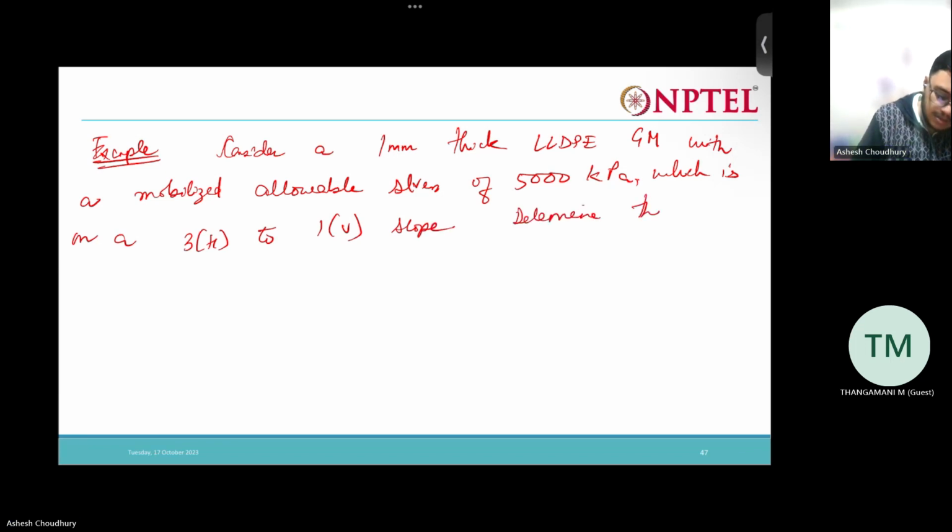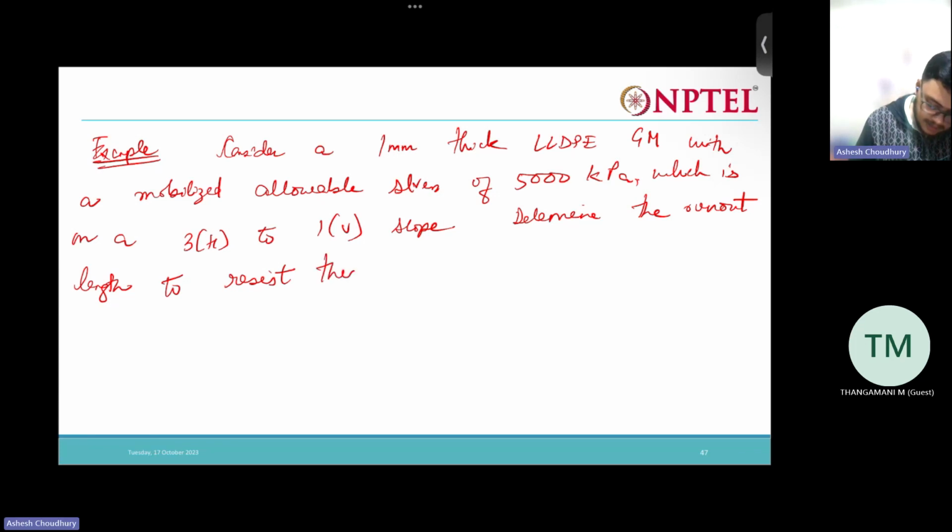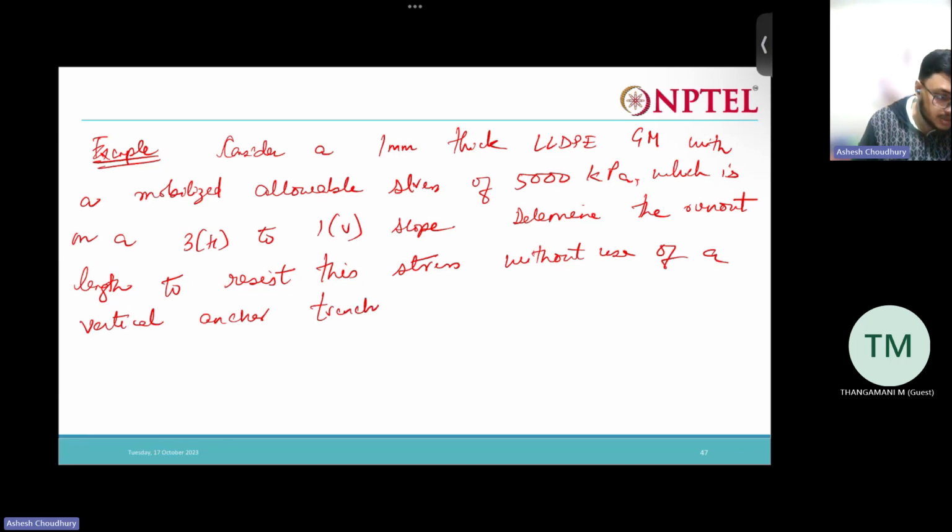Determine the runout length to resist this without use of a vertical anchor trench.